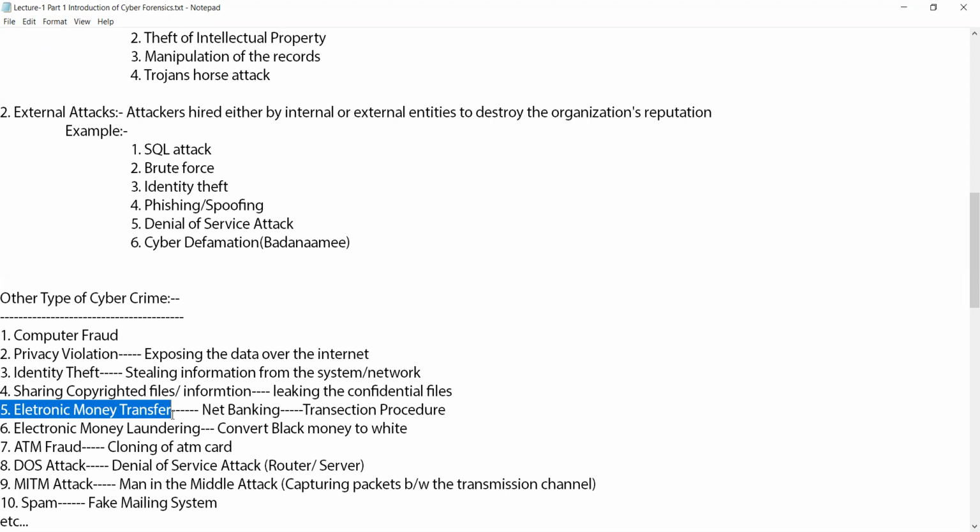So just note down the names, Commando 2 and Shivaji the Boss. Both are Indian movies, you need to watch them actually.